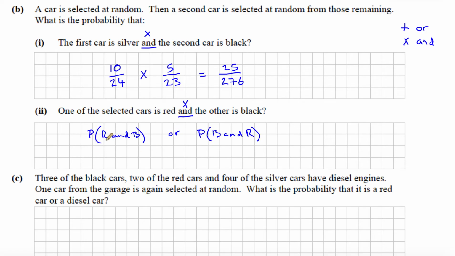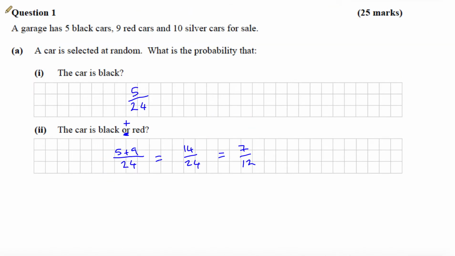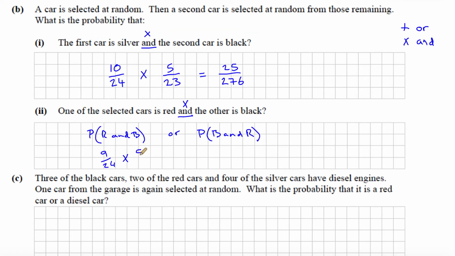So the probability that it's red and black in that order, red first, black second, well the probability of red is 9 red, so that's 9 out of 24, and is multiply. Second one is black, so there is 5 black, so that's going to be 5 out of 23, because one car is gone from the total.